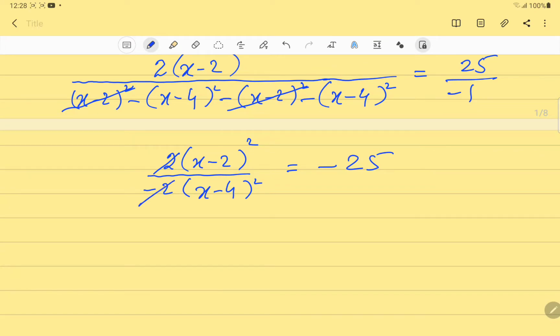2 will cancel with this minus 2 and we are left with minus 1 here. So we will be writing it like minus (x minus 2) squared over (x minus 4) squared is equal to minus 25.